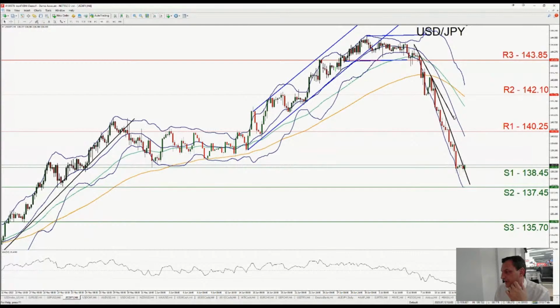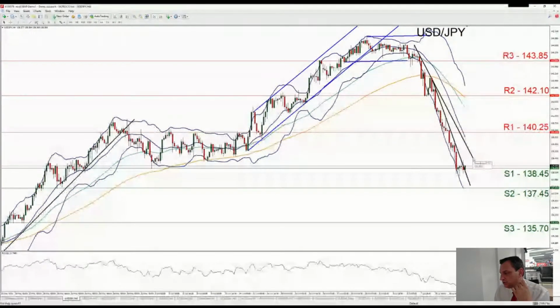Now this is interesting. On the one hand, we have a downward motion which seems about to be interrupted, and that's being, I wouldn't say evident, but that idea is being supported by two elements.